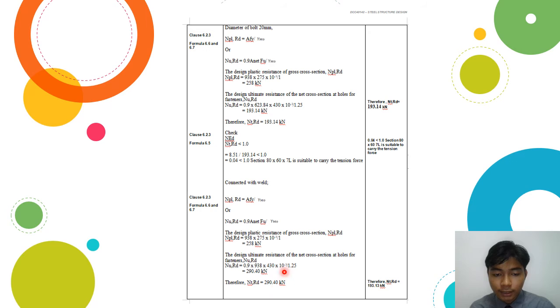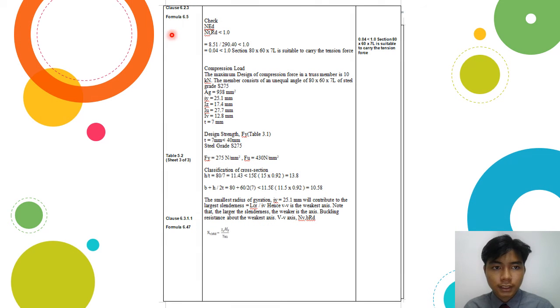290.40 because this area is not reduced by the bolt hole, the 20 millimeter bolt. The other one got reduced by the 20 millimeter bolt. From clause 6.2.3 formula 6.5, we check it.